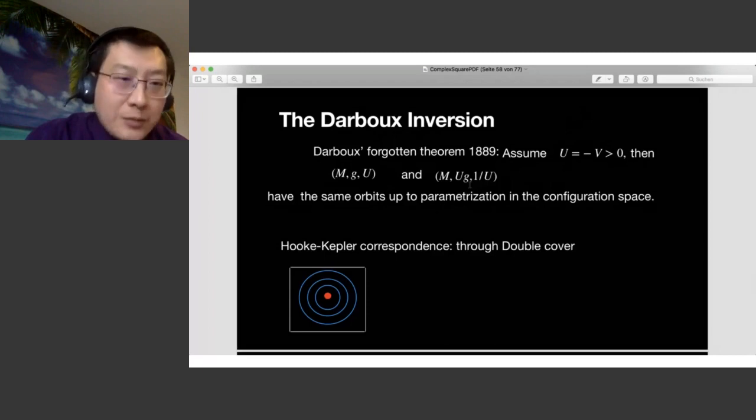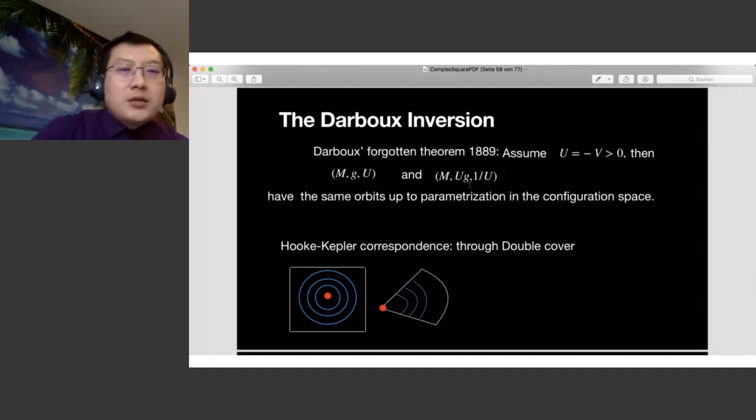Here we start from the Kepler problem with these red circles meant to be, let's say, some orbits from the Kepler problem, and then what we can do is apply this theorem of Darboux, which will make the center singular, because if we take U as 1 over the norm of q, then we have to multiply the metric also by this quantity, which will then make this attractive center become a singular point already for the metric.